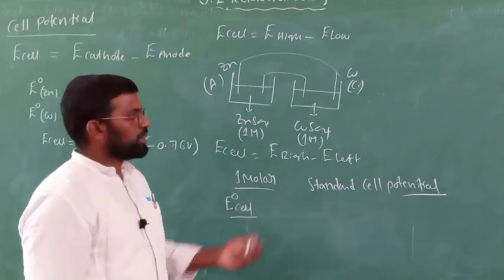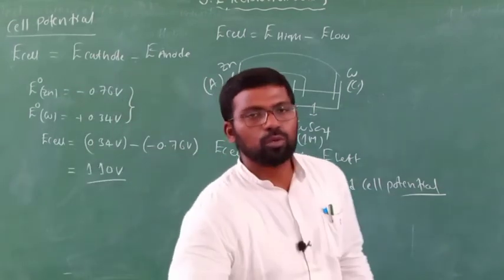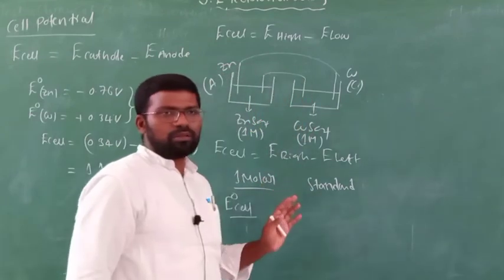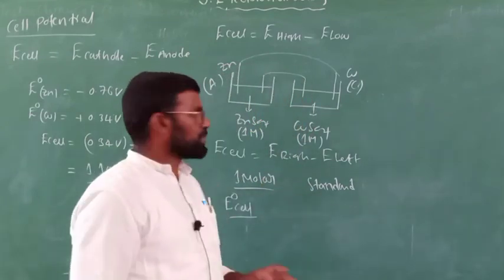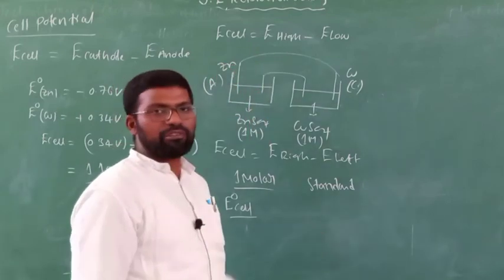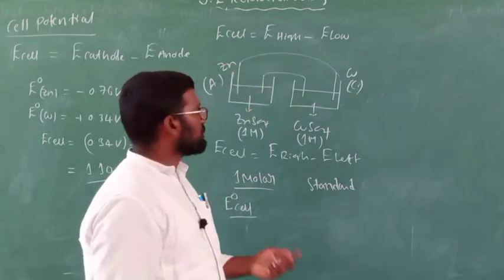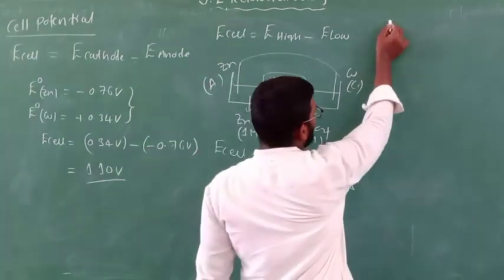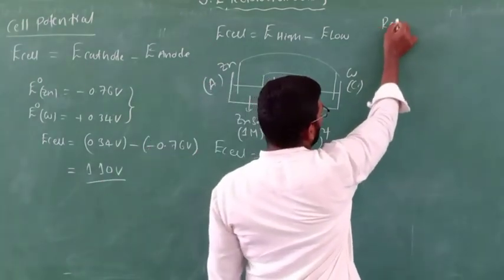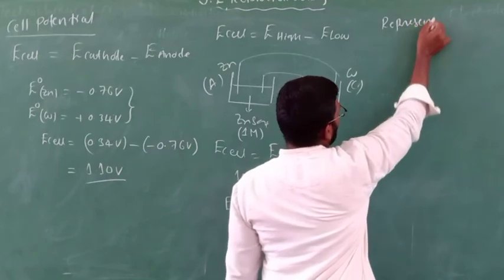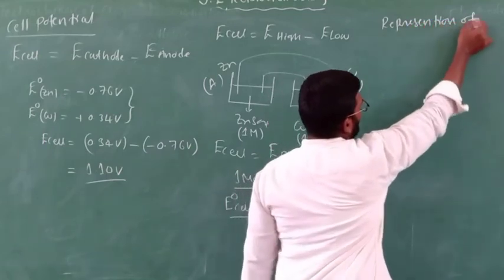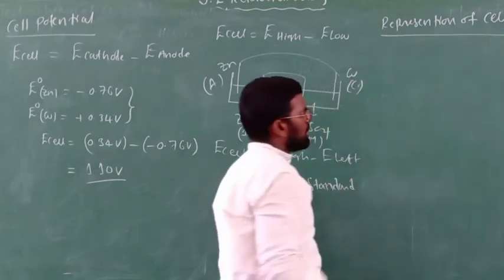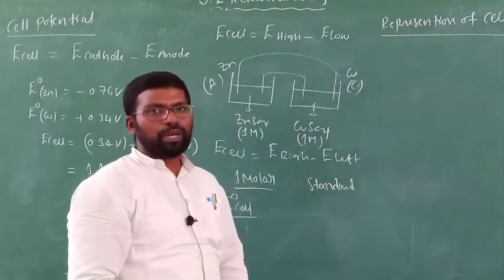Right? Now let us move on to how to represent a cell. It becomes very difficult to draw the cell diagram every time, isn't it? That's why there is a simple IUPAC representation of a cell. A cell can be represented very easily by following IUPAC rules.